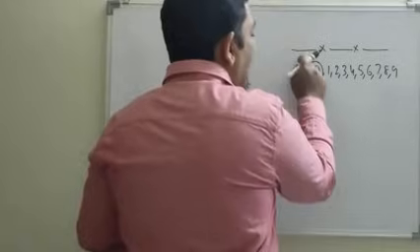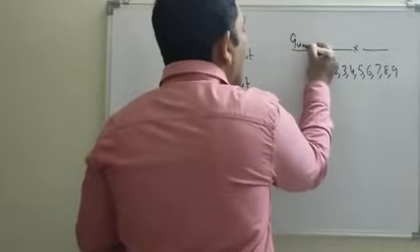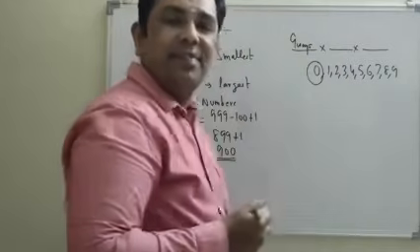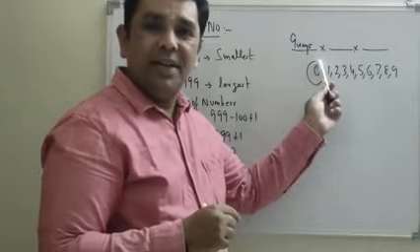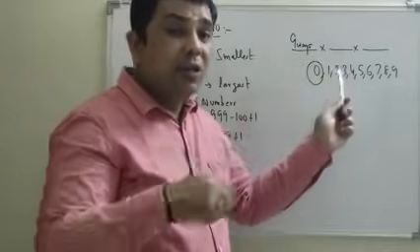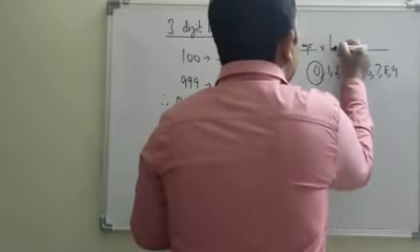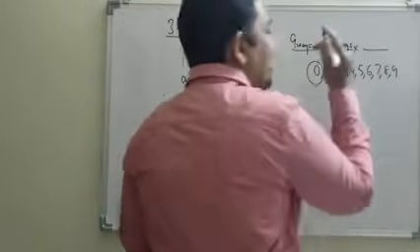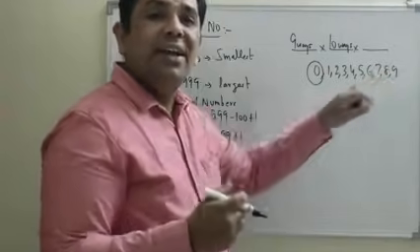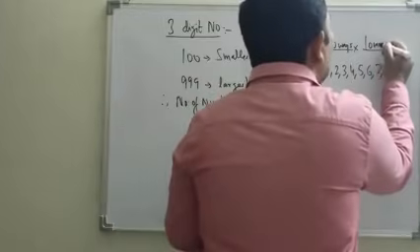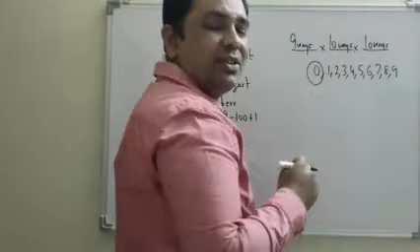So this place can be occupied in 9 ways, any digit from 1 to 9. And this place, because repetition is allowed, can be occupied in 10 ways. What about the third chair? The third chair can also be occupied in 10 ways.